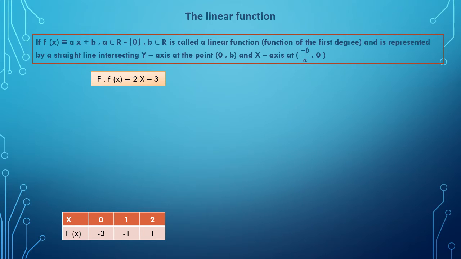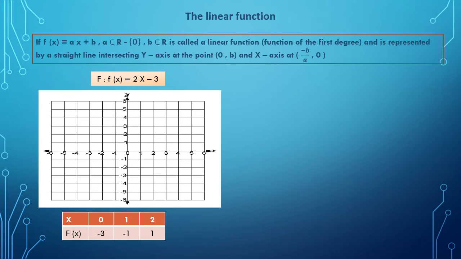So f of x will be -3 for 0, f of x is -1 for 1, f of x equals 1 for 2. Then represent it in the coordinate plane that we have.